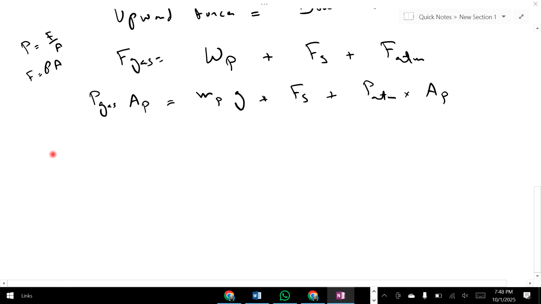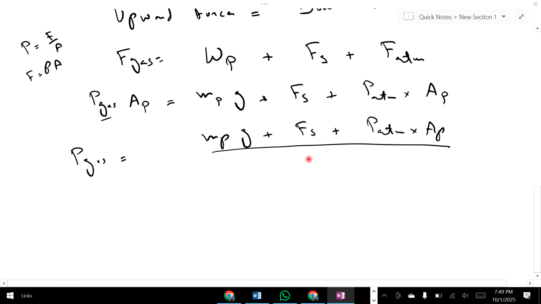So now putting values and find P gas. So P of gas, both sides divided by area: MP multiplied by g plus Fs plus PATM multiplied by cross sectional area of piston, divided by cross sectional area of piston.